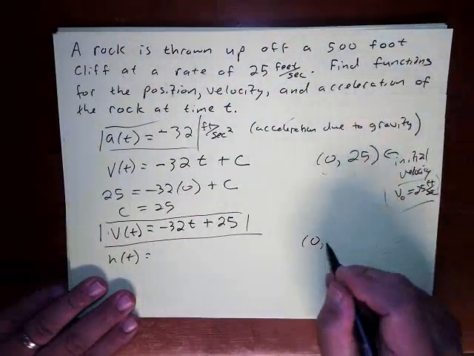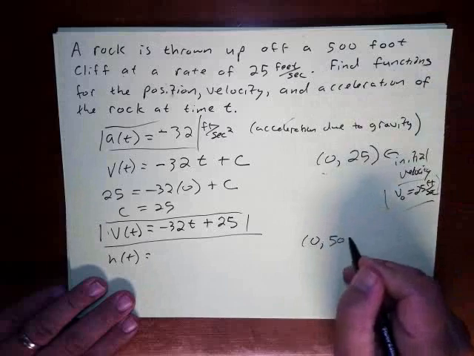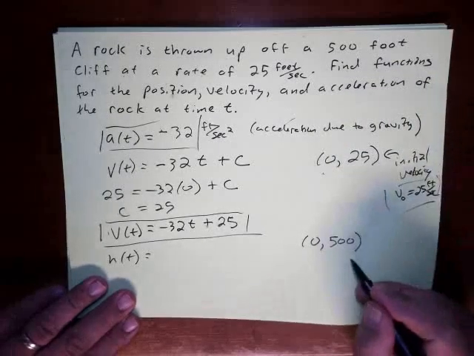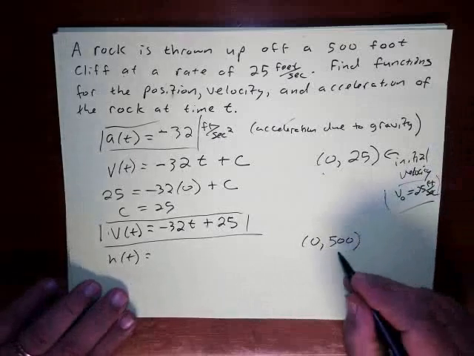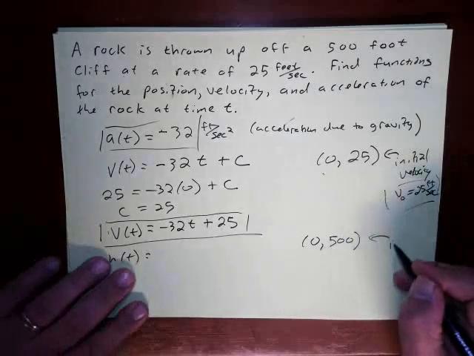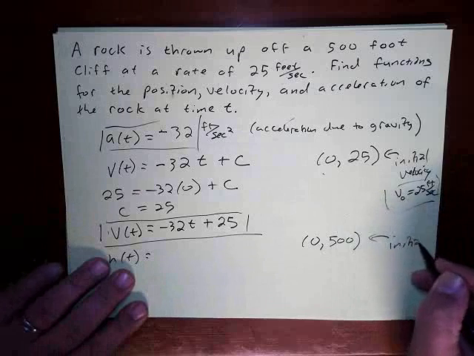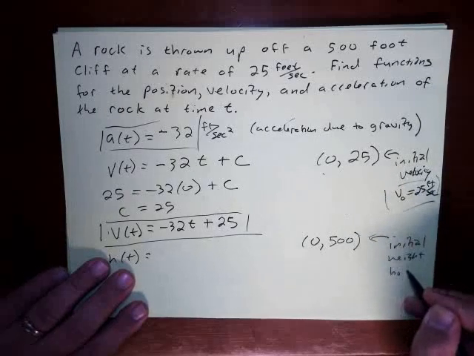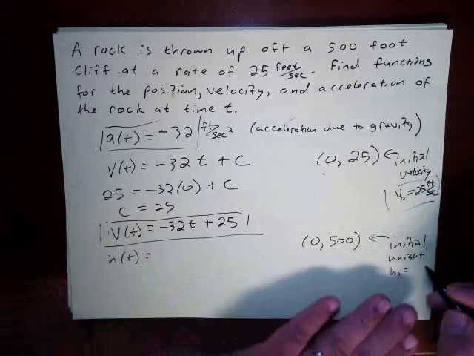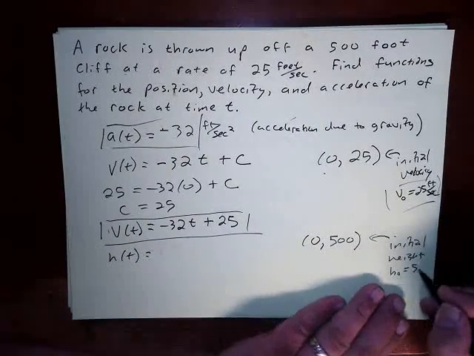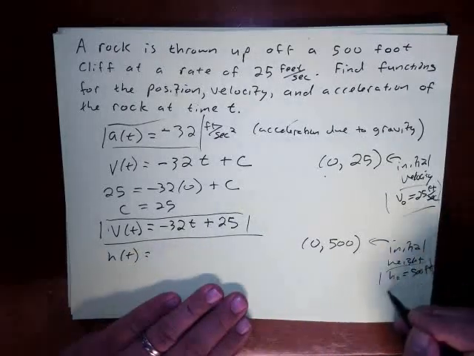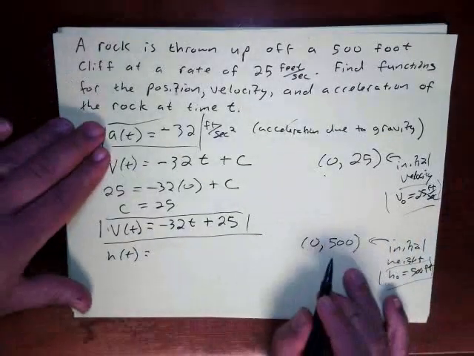Okay, this is being thrown off a 500-foot cliff. So at time 0, the initial height is 500 feet. So you can think of this as the initial condition, or initial height, h naught, is equal to, in this case, 500 feet. Right? That's an initial condition.